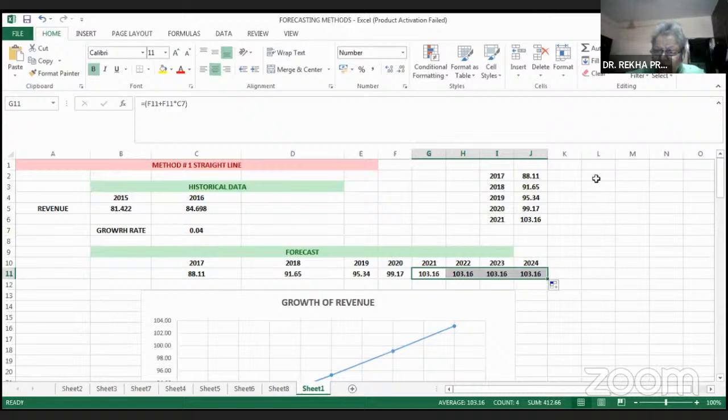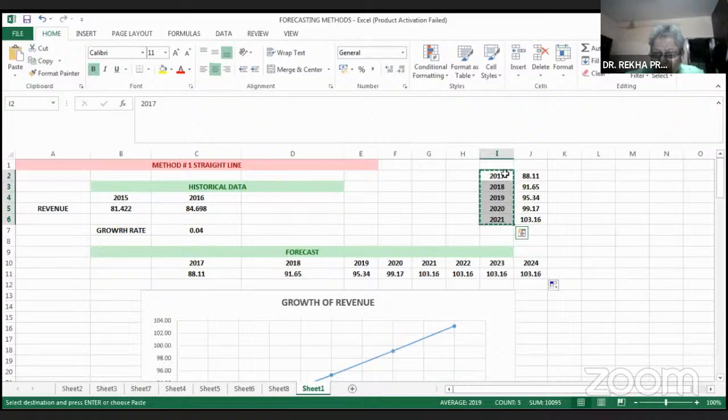Over here you can write the numbers 1, 2, 3, 4, 5.